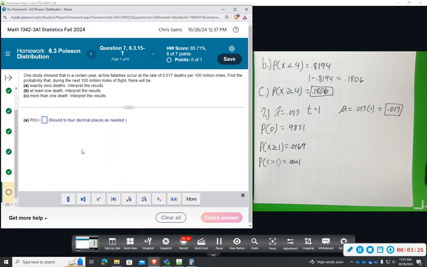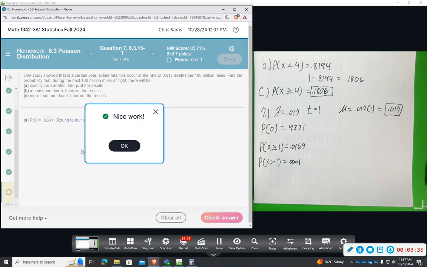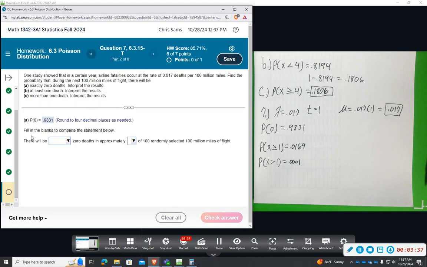All right, so the first one, round to 4 decimal places, 0.9831. So what does that mean? There will be exactly 0 deaths. That's what we're asking in the first one.